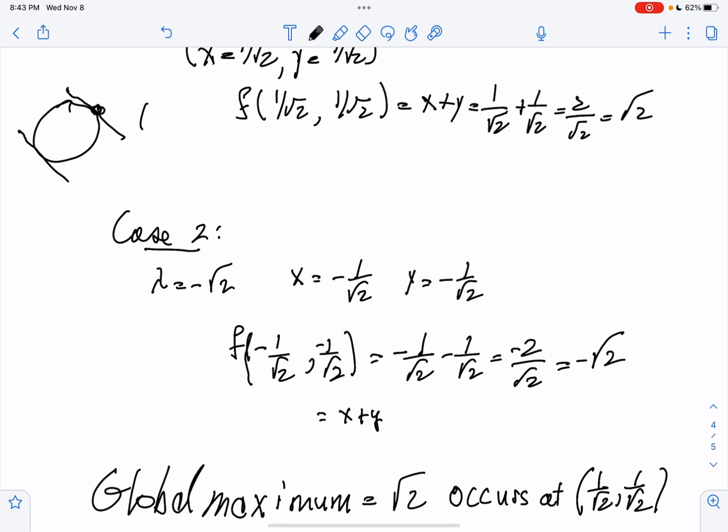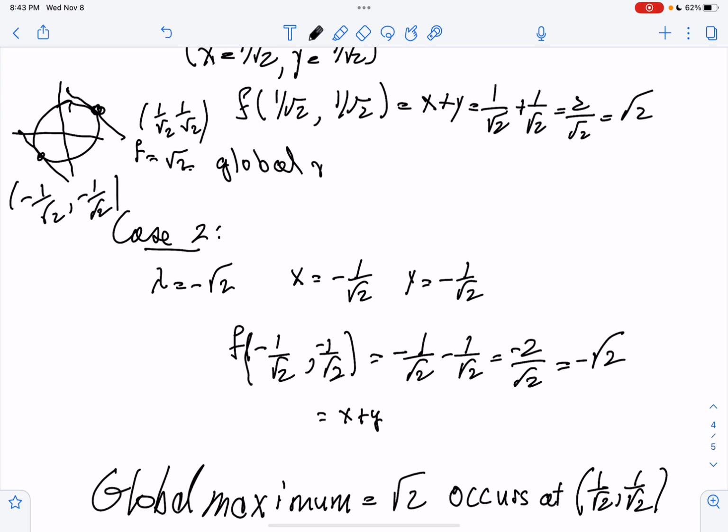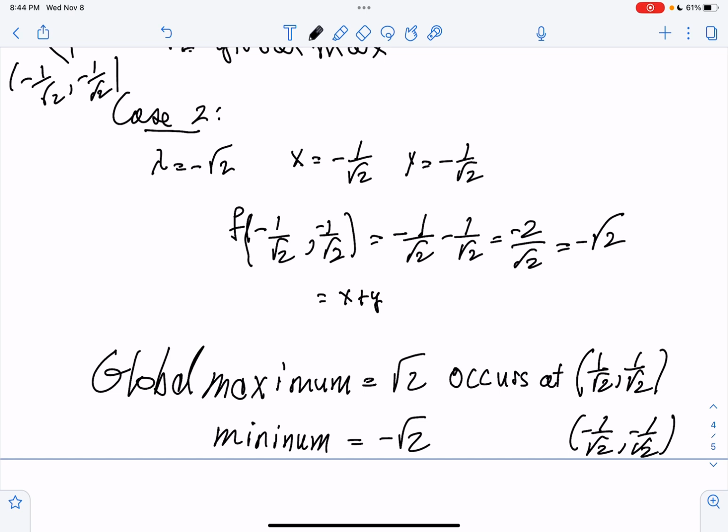And here is the 1 over root 2, 1 over root 2 point. And down here, if I roughly draw my axis, is the minus 1 over root 2, minus 1 over root 2 point. And so the maximum is root 2 on the top. That's the global max. And down on the bottom, that's when f is the minus root 2 down at that point. And that's the global minimum.